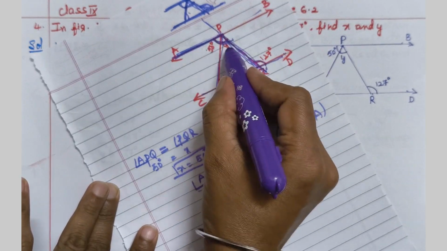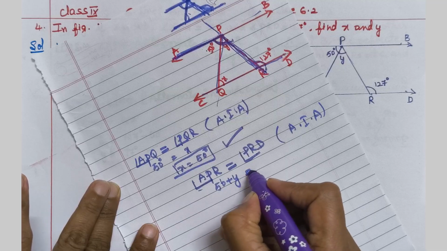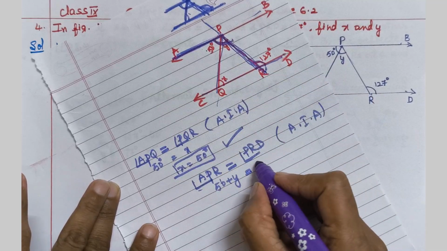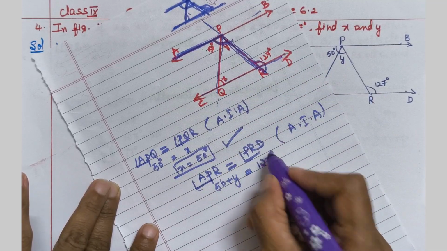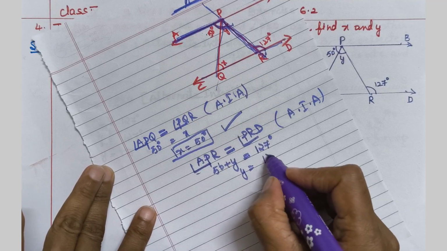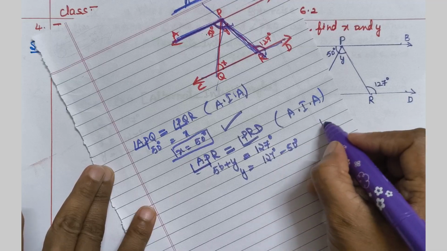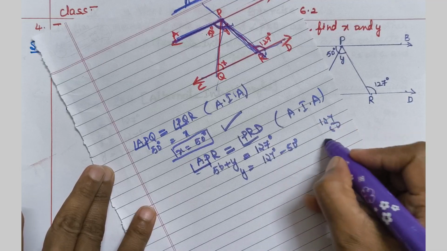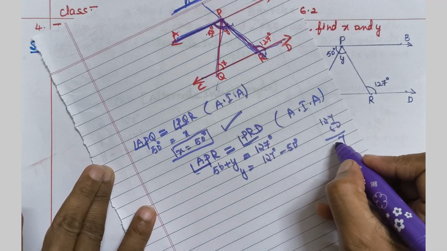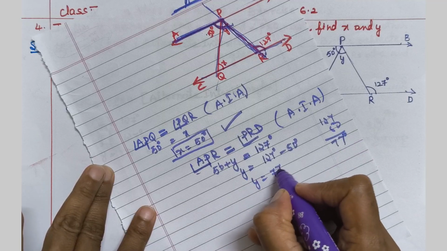APR means what? 50 plus Y. 50 plus Y is equal to PRD, which is 127 degrees. Now we will find the Y value. Y is equal to 127 degrees minus 50 degrees. 127 minus 50 is 77 degrees. So Y is equal to 77 degrees.